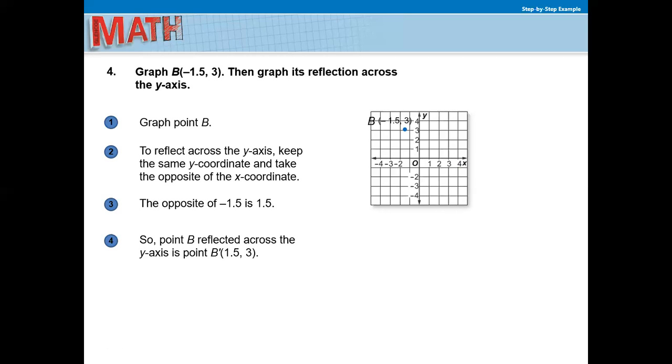So point B reflected across the y-axis is B prime, 1.5, 3. There's the original, across the y-axis. The y stayed the same. You found the opposite of the x.